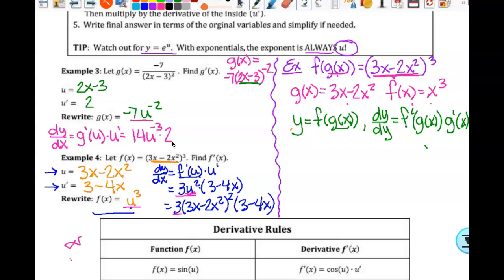Okay. Equals. Now, I need to substitute u back in here, and since that's to the -3 power, it's going to end up in the denominator, right? So I can go ahead and say 14 times 2, I know that's 28. Then in the denominator, I'm going to have something to the third power. That something is u, which is 2x minus 3.